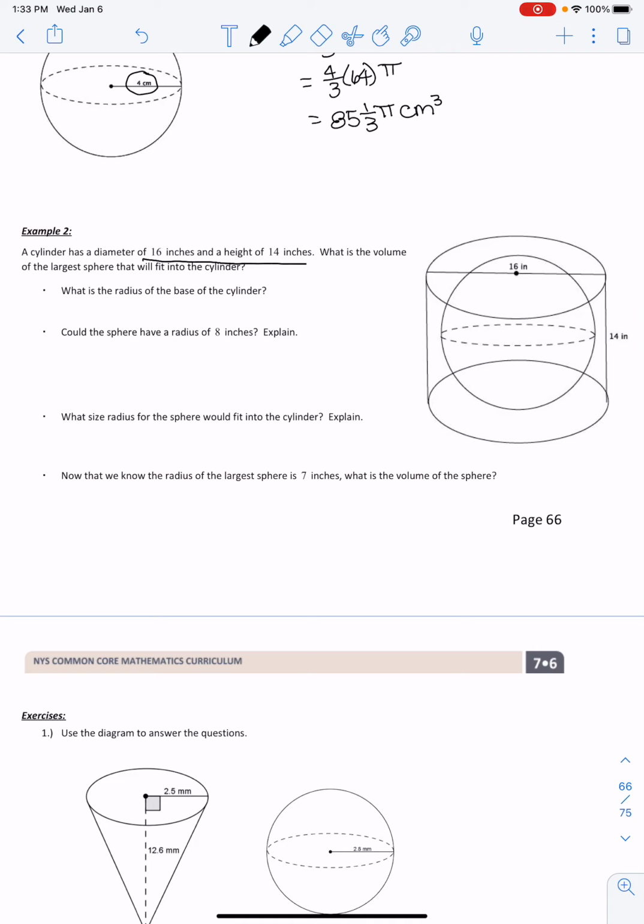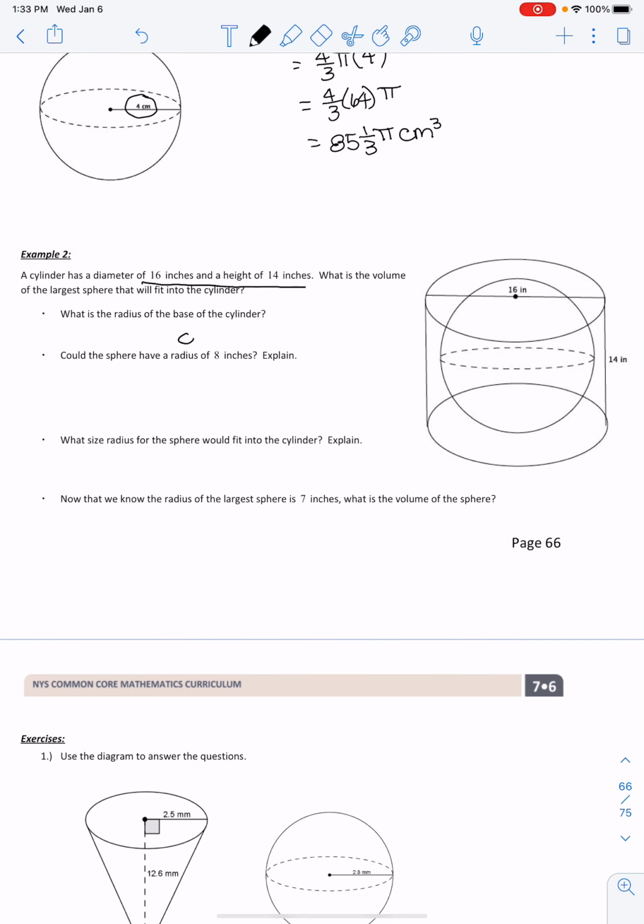It says, what is the radius of the base of the cylinder? Well, the radius here is 8. Because remember, the diameter goes the entire way across.